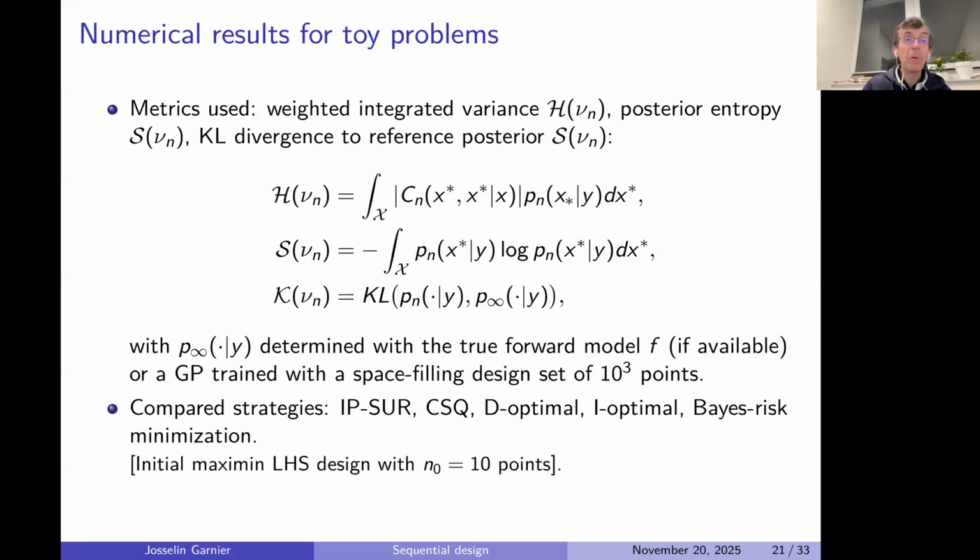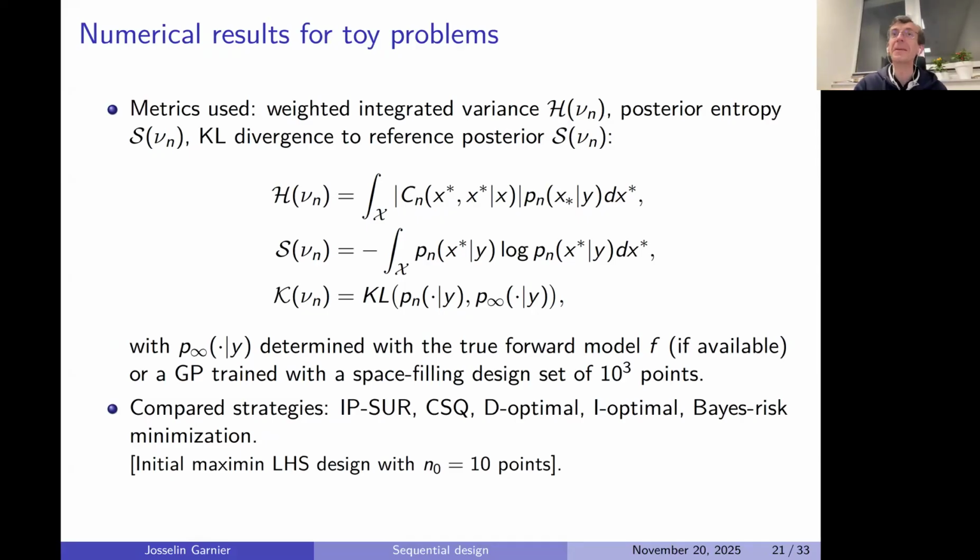And now you may want to test these different strategies with respect to different metrics. Here, metrics not of uncertainty, but of the quality of the performance. Of course, the first one you want to test is the metric of uncertainty itself. Here you really hope that you will be very good for this one, because this is the one that you have minimized.